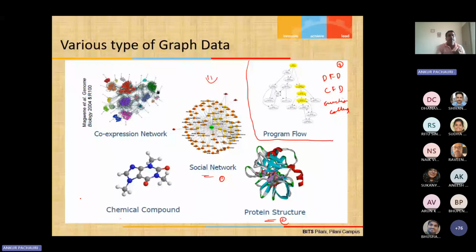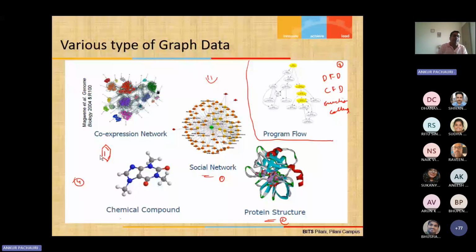Fourth, when I'm talking about chemical data, chemical means atoms, molecules, and their bonding together. Like a benzene ring, alternate single bond, double bond, and so on.